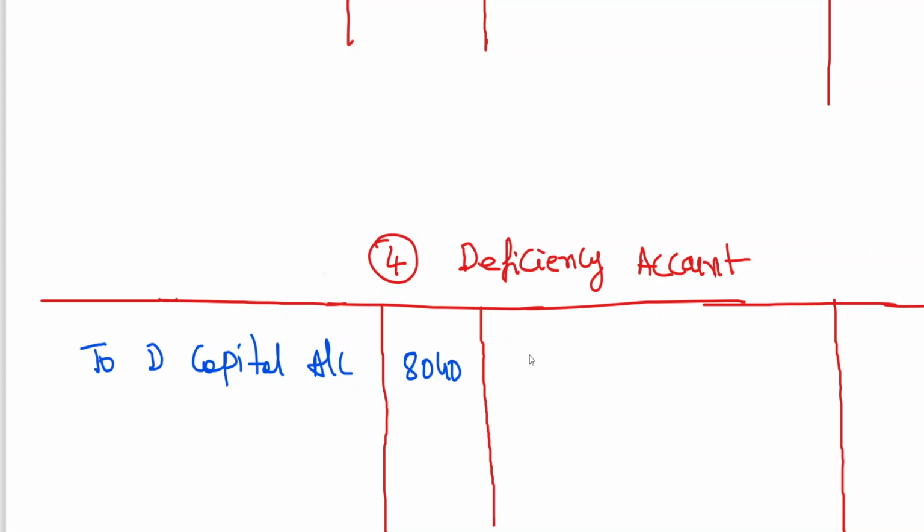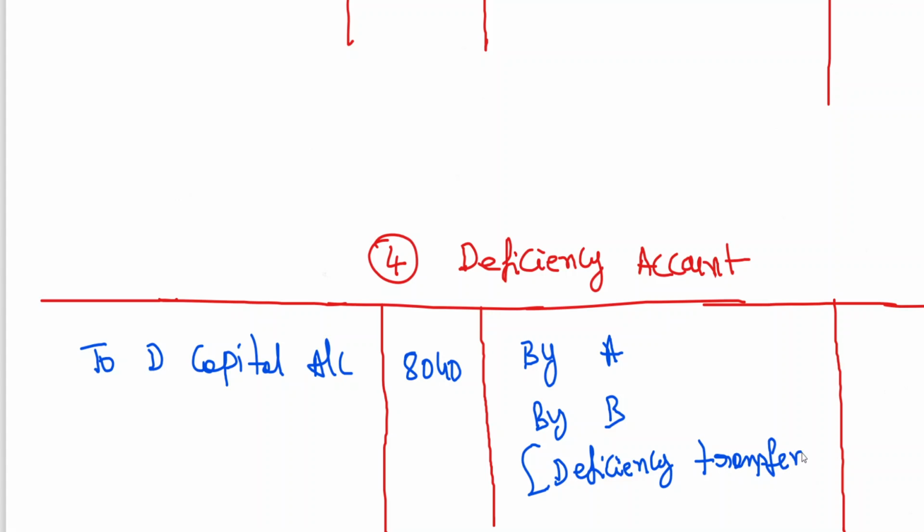Solvent partners' capital account debit, deficiency by A, by B, deficiency transfer.